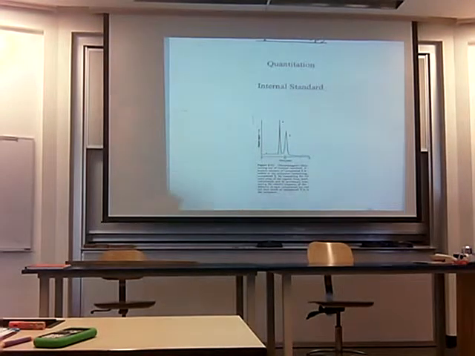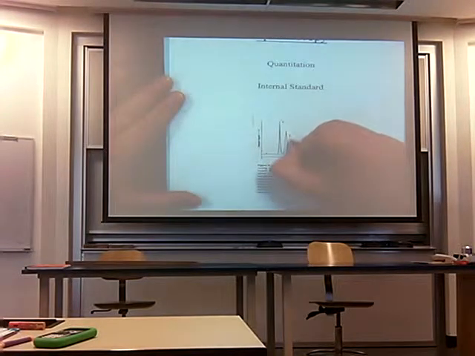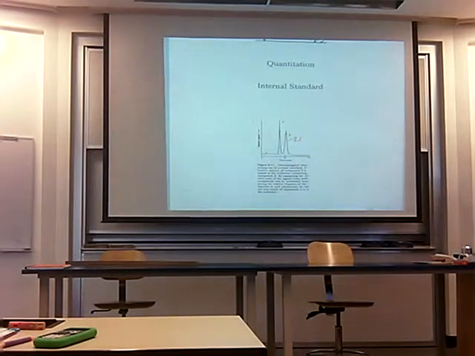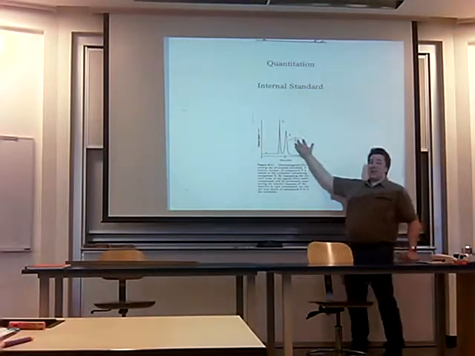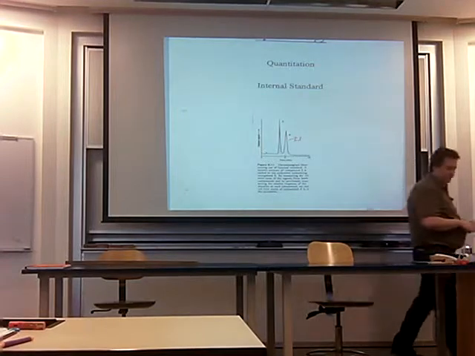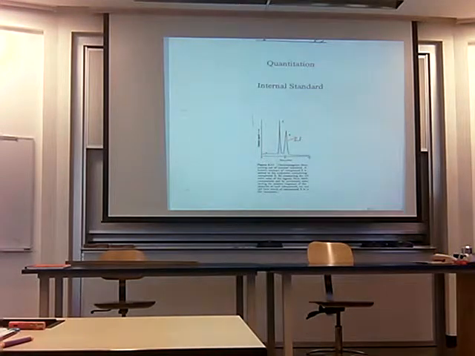So in this case, this is our internal standard, and it can somehow be distinguished from the species that we're interested in. So you add it as early as possible. And then at the end, you calculate how much internal standard is left.